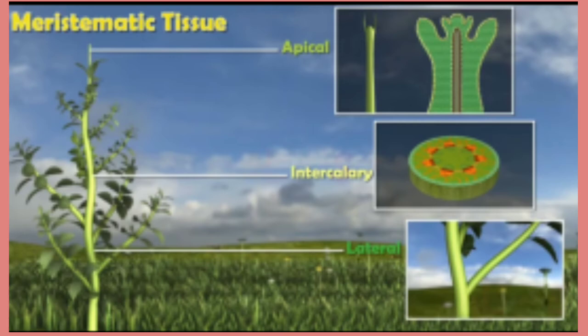They are located at the lateral sides of root and stems, and the function is to increase the girth, that is the diameter, of the root and the stem. So these were the three types of meristematic tissue. Got it, children?